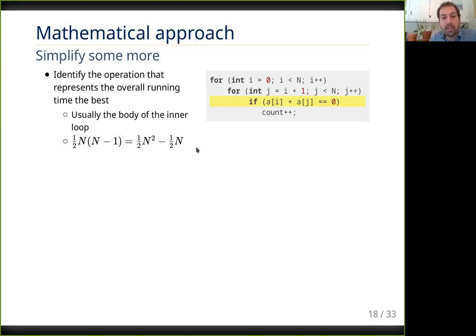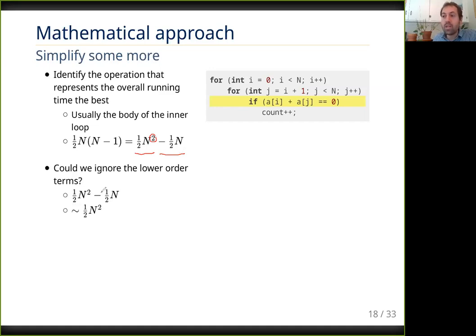Now let's simplify a lot more. We essentially have two terms: the term in n squared and the term in just n. It turns out that maybe we could completely ignore the lower term and only focus on the n squared. The n squared term here, half of n squared, is called the leading term.